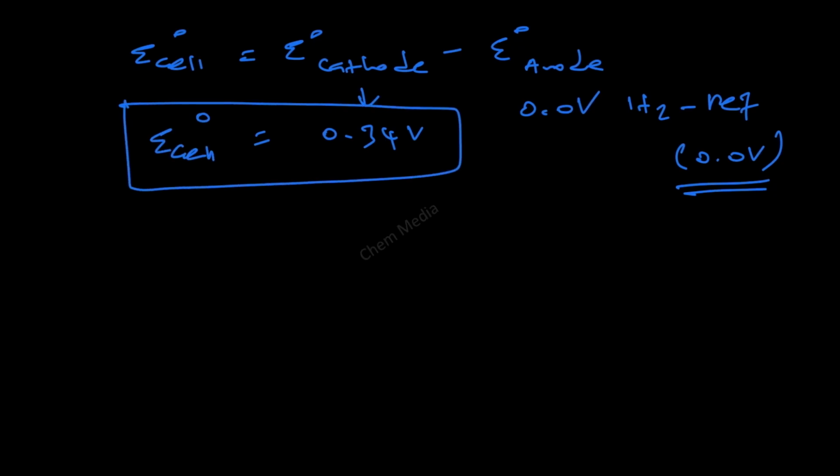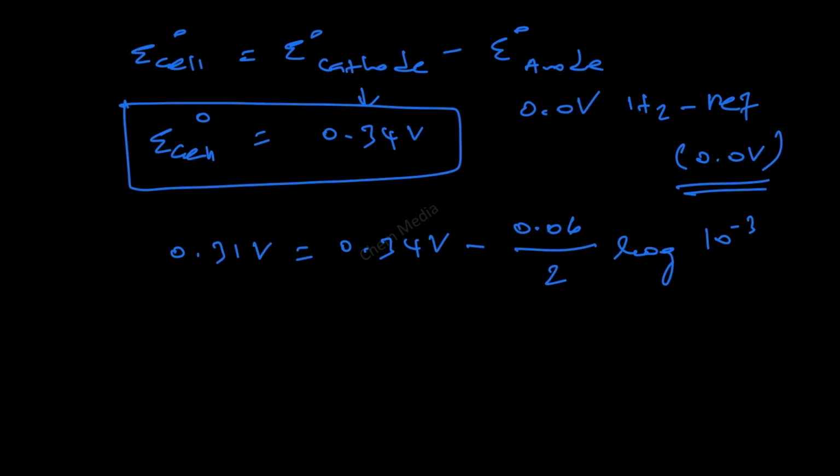So let's plug this into the Nernst equation, and the Ecell value is given as 0.31 volt. Ecell standard value that we got is 0.34 volt minus 0.06 divided by 2, because there were 2 moles of electrons, isn't it, as per the redox equation, times log concentration of H plus, which was given as 10 to the power minus 3. Why? Because pH value was given as 3.